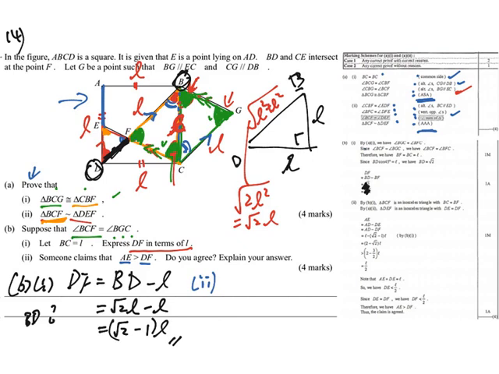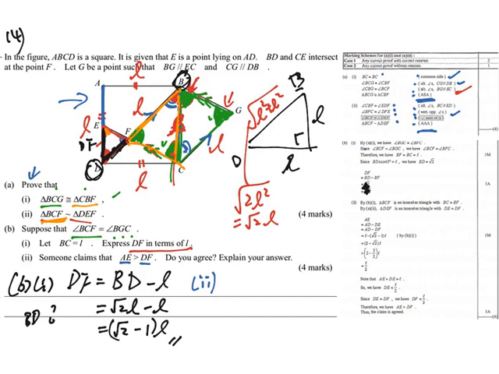So for B2, actually we know this triangle is isosceles, and this triangle is similar to this one. If the yellow one is isosceles, the red one is also isosceles. That means this one is also DF, equal to DF, like these two black sides.